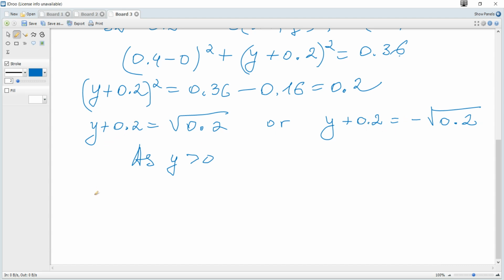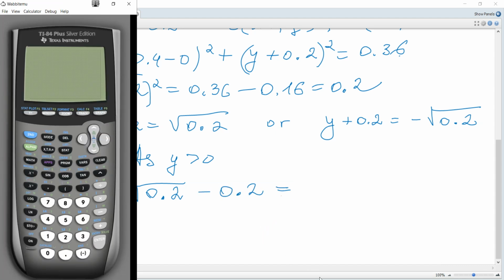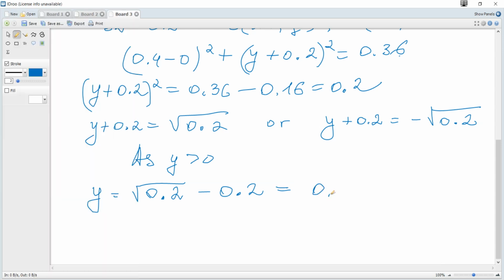So we need only this. Y is root 0.2 minus 0.2.